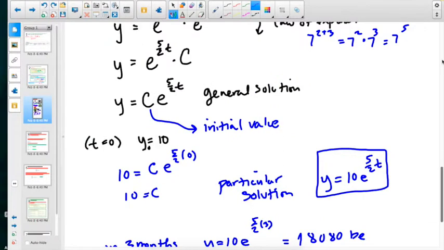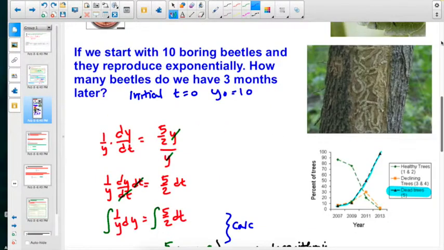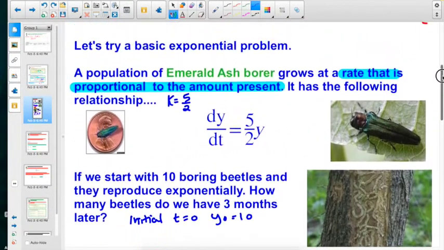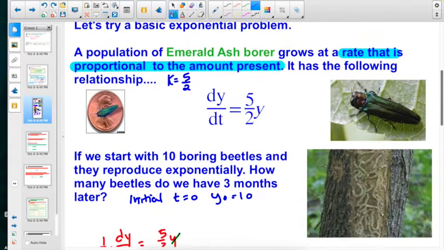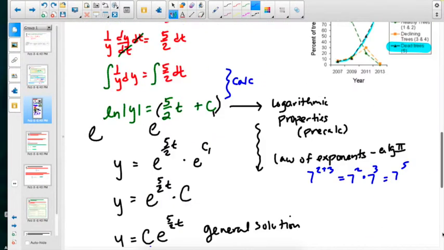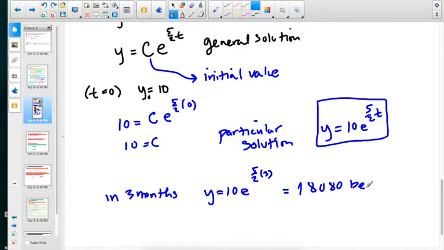So if you think about going back to the top here, looking at that, we had that constant of 5/2, we had the initial value of 10. We can see that when we have this really basic exponential of growth or decay being proportional to the present value.